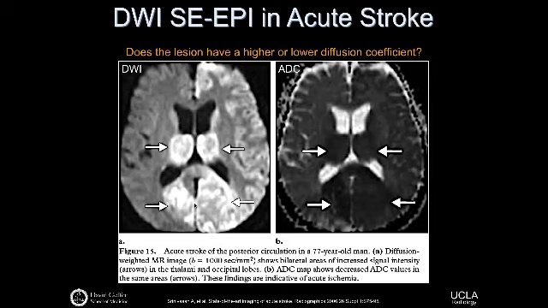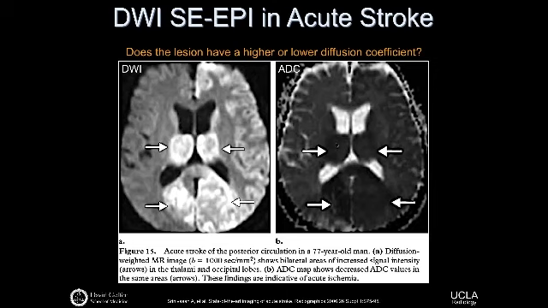Right? It stayed in its place, the diffusion gradients acted on it, and then they undid their phase. But if it didn't diffuse a lot, the diffusion gradients don't have much of an effect. And so that means the diffusion here is relatively low compared to normal appearing parenchyma on the left and the right. And you can see that in the ADC map on the right. So this is a map of the diffusion coefficient, what we call the apparent diffusion coefficient.